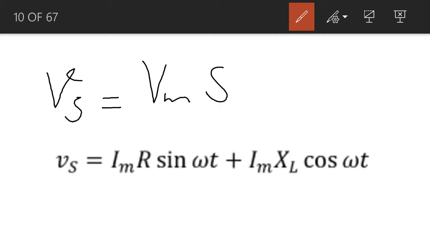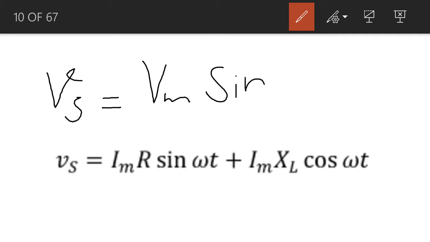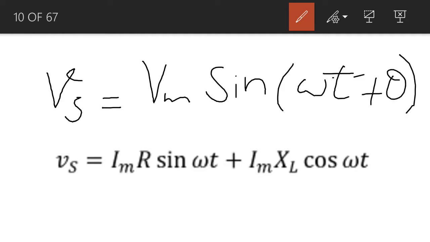This voltage varies sinusoidally with respect to time, so it will have a sine term, and this voltage will have a phase angle. So let me represent the phase angle by theta. So this will be the general equation for the AC voltage.